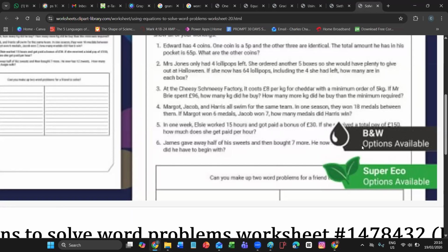If she has 64 lollipops, including the 4 she had left. Okay, so this is after she ordered. So she now had 64, which means the 5 boxes that she ordered gave rise to 60. Do you agree with that part?